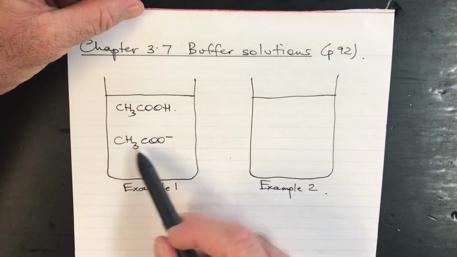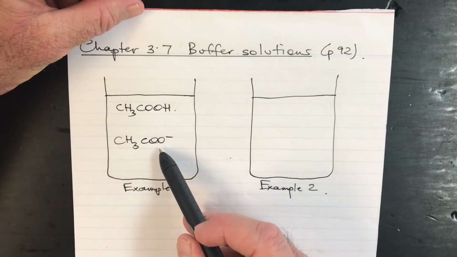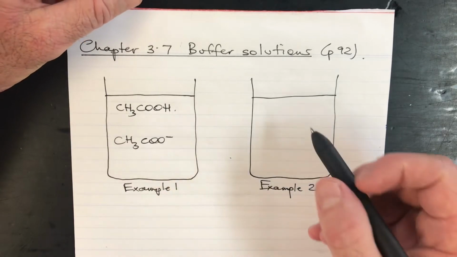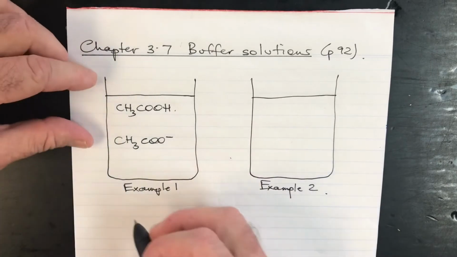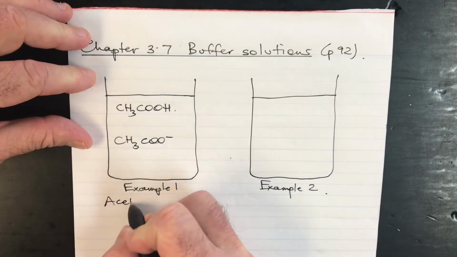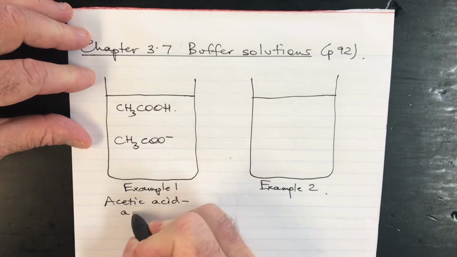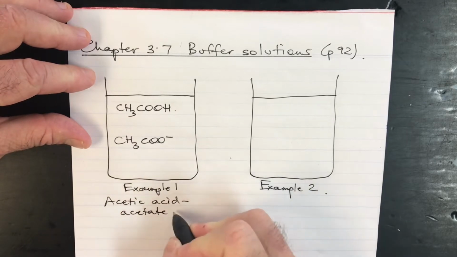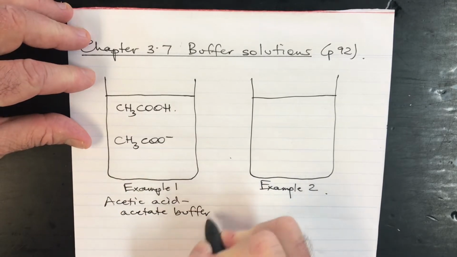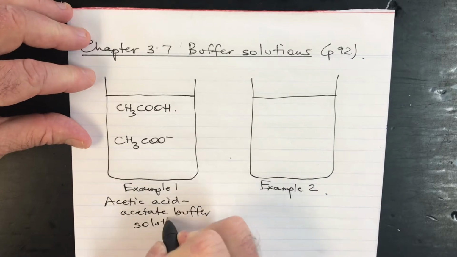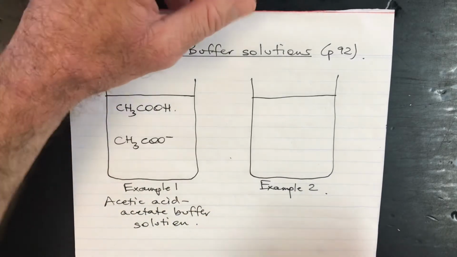So this is the acetate ion, acetate. And so that's one example. This is the acetic acid, acetate buffer solution, or buffer system you've often heard.